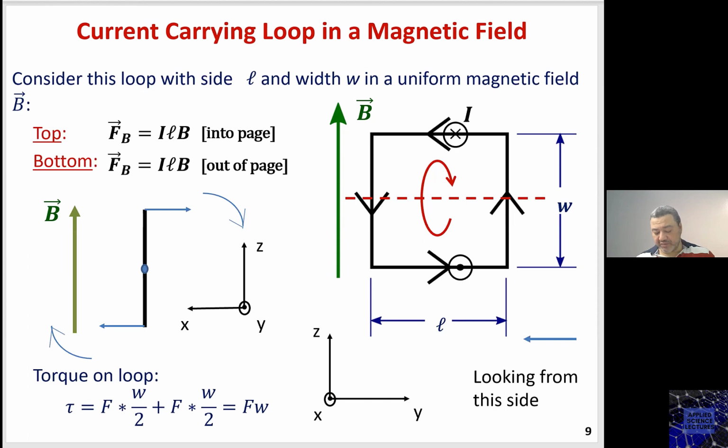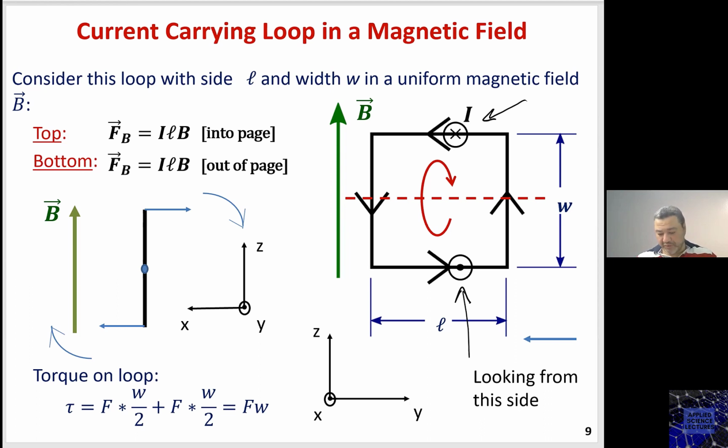Looking at the applied forces on those sides, this one is entering into the page, this one is out of the page. So the loop will rotate such that it will be oriented perpendicular to the magnetic field.